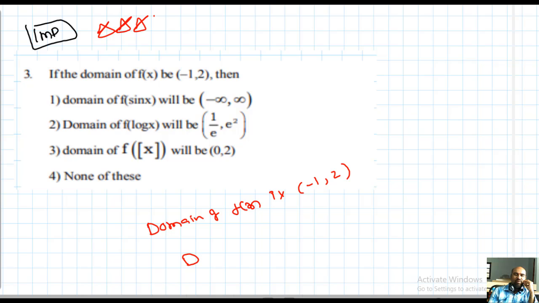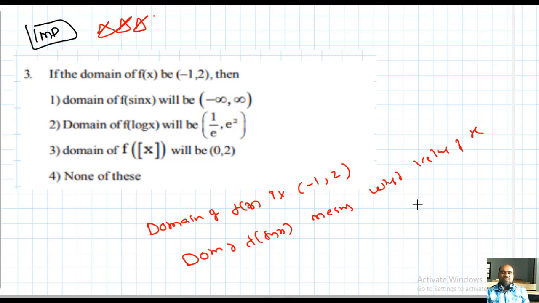Now we want to find the domain of f of sin x, meaning what values of x. Sin x belongs to open minus 1 to 2. This is the meaning. Just what values of x make sin x lie between minus 1 and 2.